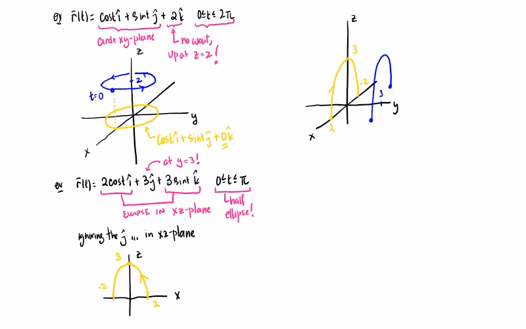That guy still goes up like that, which means our curve goes up like that. It begins, just to give it some points, at x equals 2, y equals 3, z equals 0. It tops out at x equals 0, y equals 3, z equals 3.